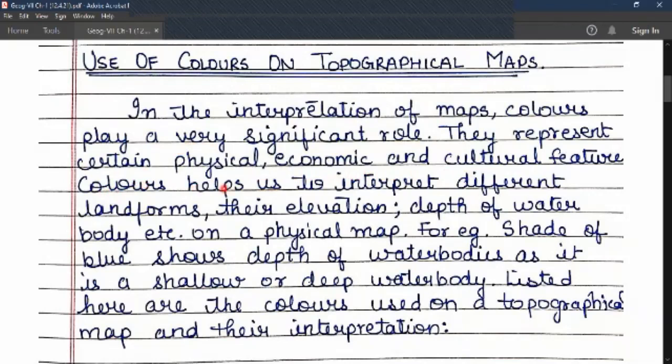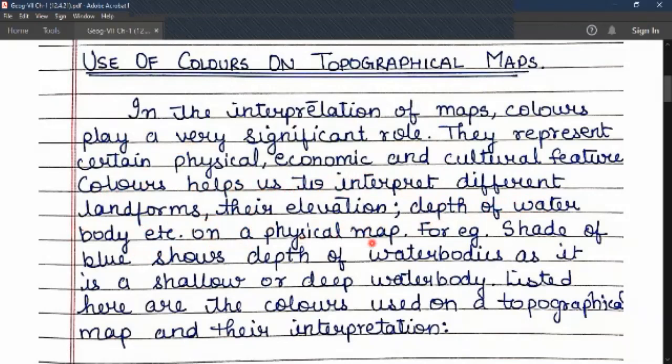Colors help us to interpret different landforms, their elevation, depth of water body, etc. on a physical map.